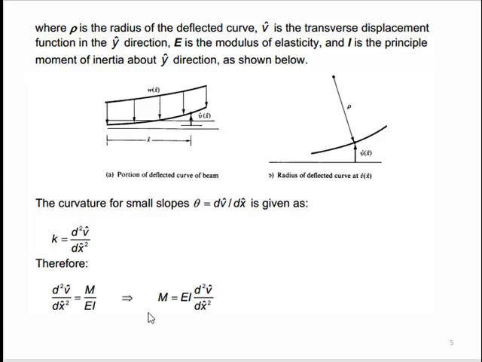If you remember the double integration method, in double integration method we use this relationship, and this is our basic relationship. We call it the equation of elastic curve. We take its integral, and that gives us the slope, and then we integrate it one more time, and we get the displacement. So that's the same old equation.